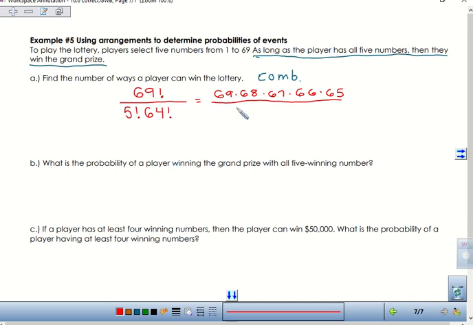Now, lastly, of course, we have our 5 factorial. Like that. That one's not too bad to do the math for. And then we would just do the actual math here. And that's going to give you a pretty big number.